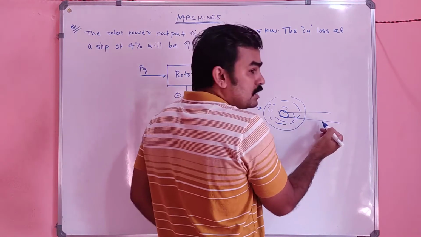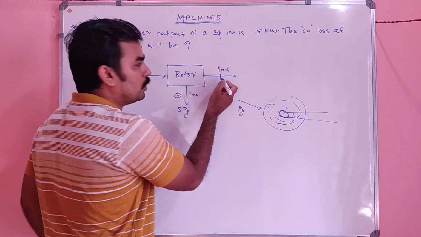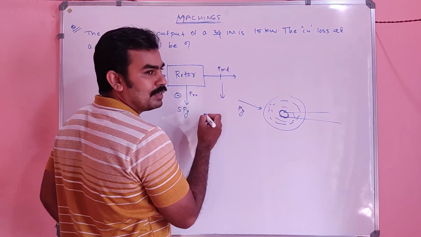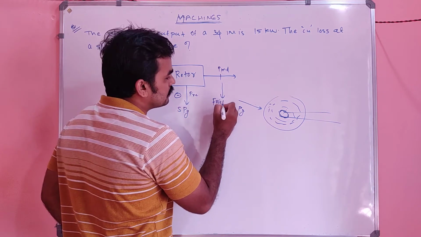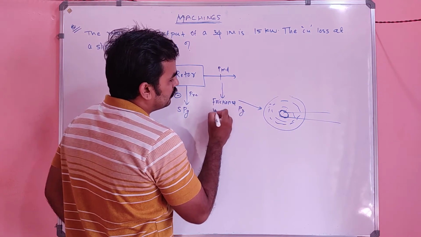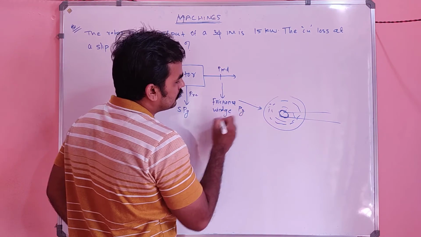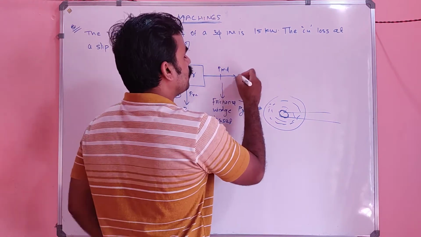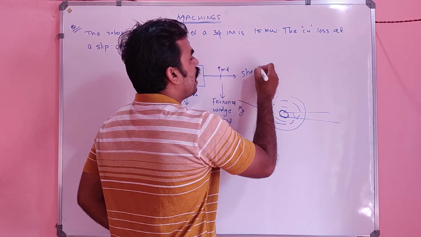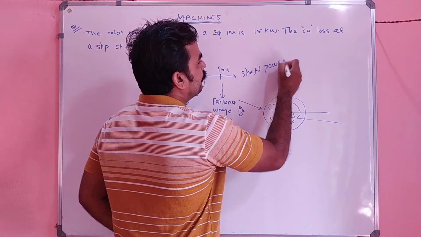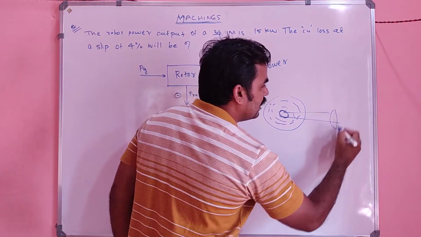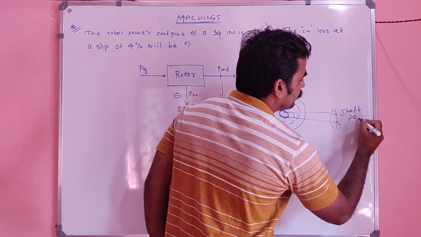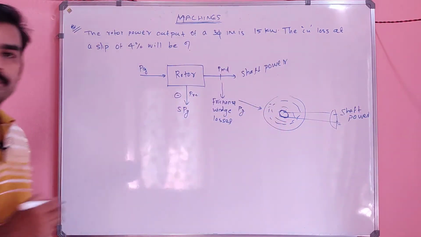And from this rotor output, there will be some friction and windage losses. Okay, and after that only there will be shaft power. Shaft power means the power available here, that is the shaft power.